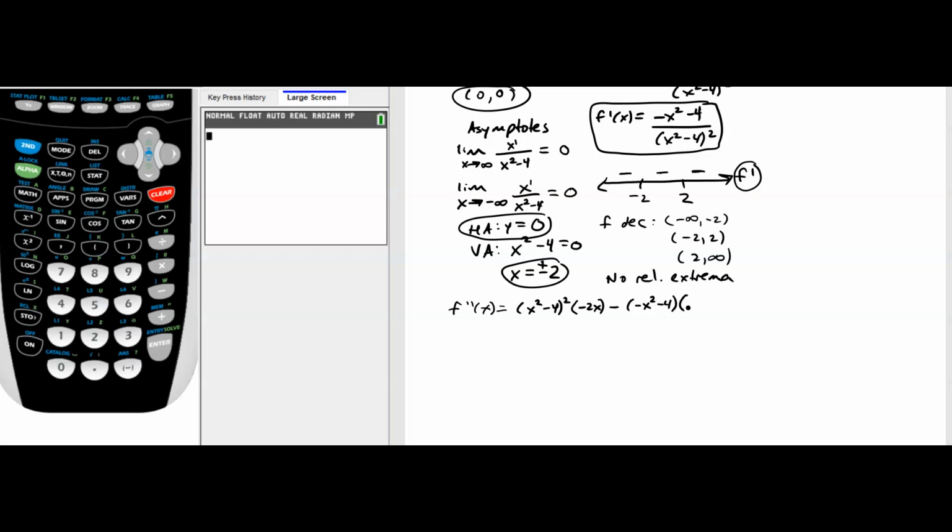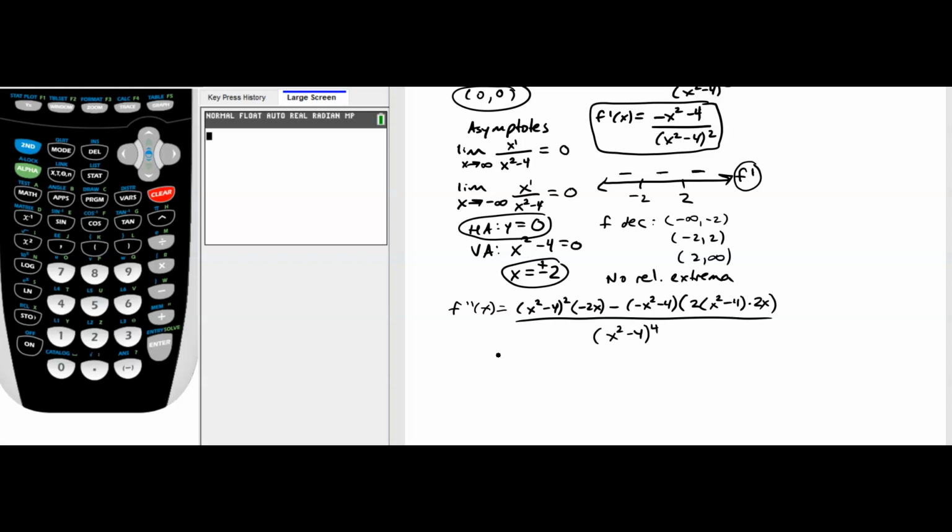You have to use chain rule to do the derivative of the bottom, so that's going to be 2 times x squared minus 4 to the first, but then multiplied by the derivative of the inside, 2x. And this is going to be all over the bottom squared, so all over x squared minus 4 to the fourth. So this is a lot of algebra, but we can do it.